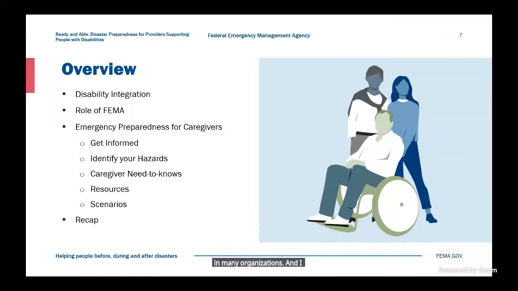Then I'll get into the meat of the presentation, emergency preparedness for caregivers. Most of it covers every step that you should go through to get prepared and the resources you're going to need to do that. Then we'll have some interactive scenarios where you can participate in the chat, and then a recap where you can ask me questions. I can tell y'all are already really interactive, so I'm excited for this training today.